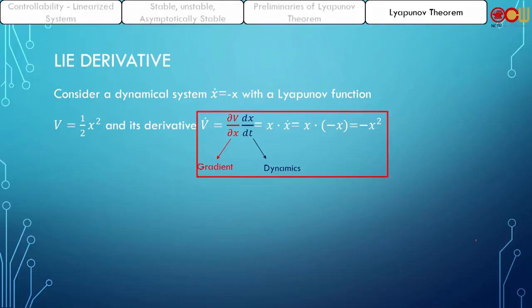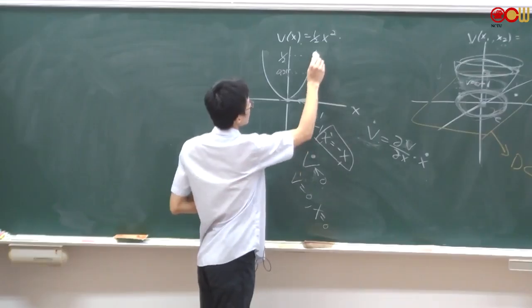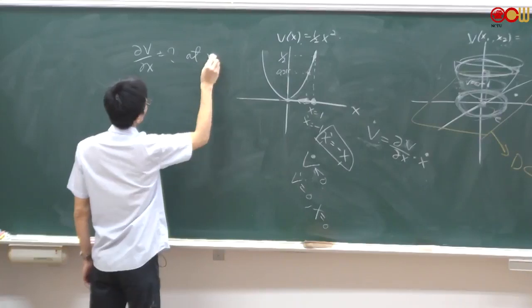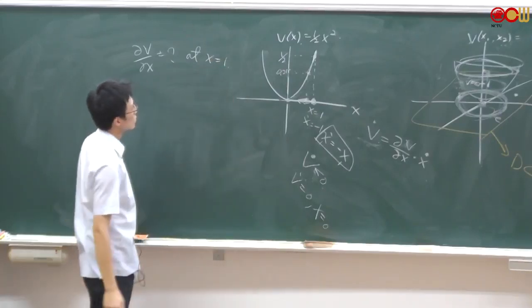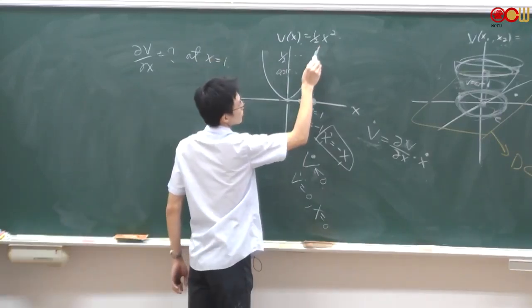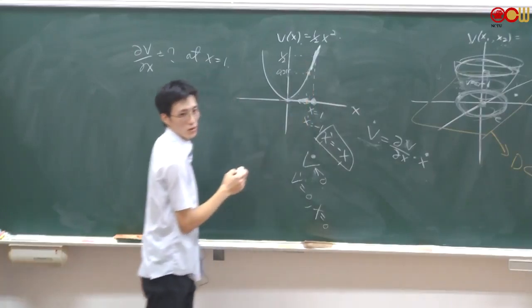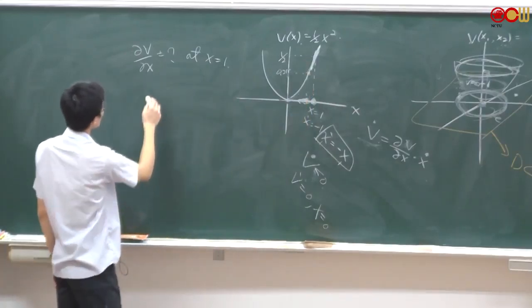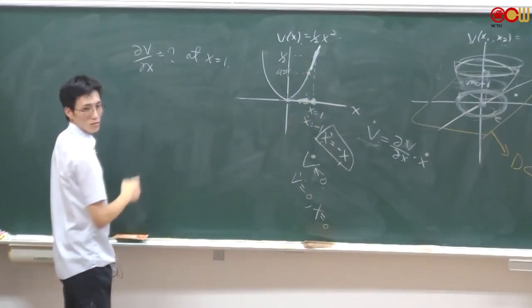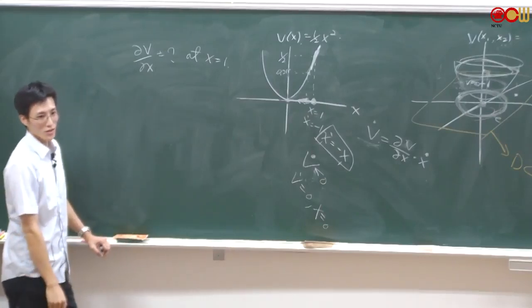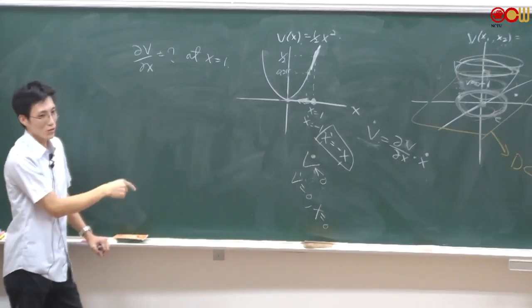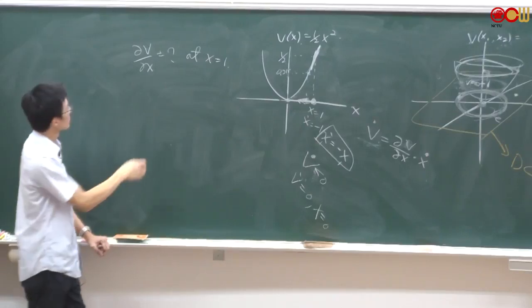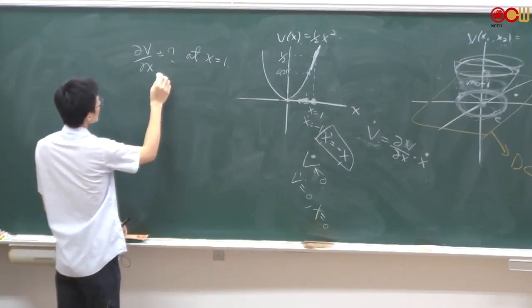Okay, so this is a gradient. The second part is associated with the physical dynamics. So what is the gradient of this function at this point? If you use visualization, it's this slope, right? The gradient is the slope of this function with respect to x. So what's this?